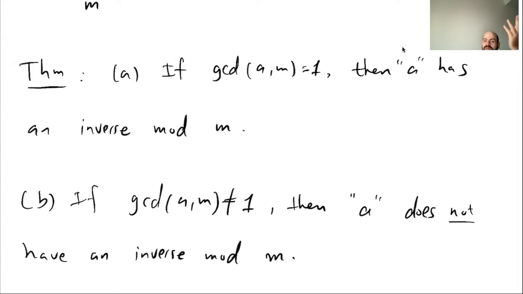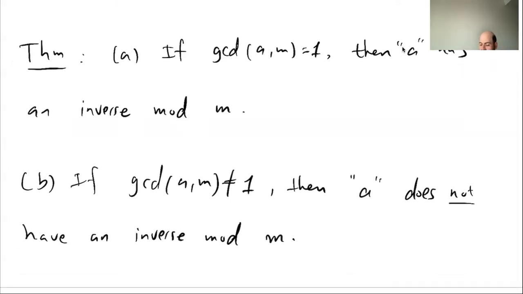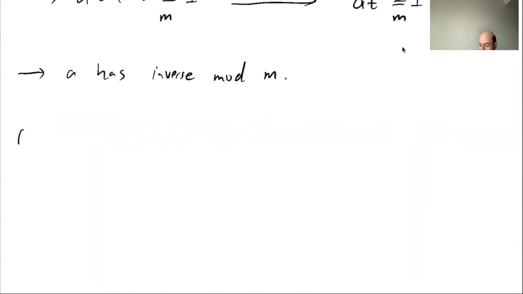So how about if I use proof by contradiction? For part B, proof by contradiction.